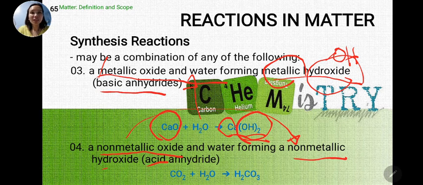Okay? So let's go slowly. Carbon dioxide or CO2 is a nonmetallic oxide. Plus water, you will form hydrogen carbonate. Hydrogen and carbonate atom. This is a nonmetallic hydroxide. Okay?